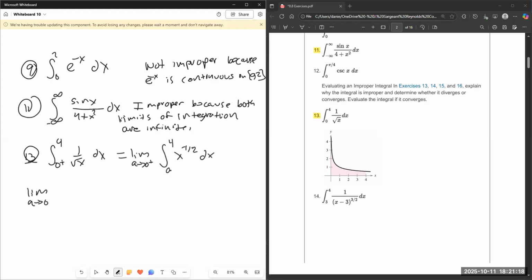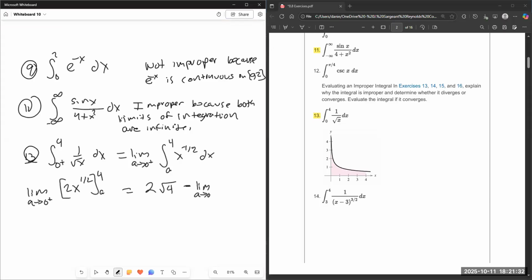Limit as a approaches 0 from the right, x to the 1/2 times 2, a to 4 is 2 square root of 4 minus limit as a approaches 0 from the right, 2 square root of a is going to be 2 times 2 minus 0 is 4. So this converges.